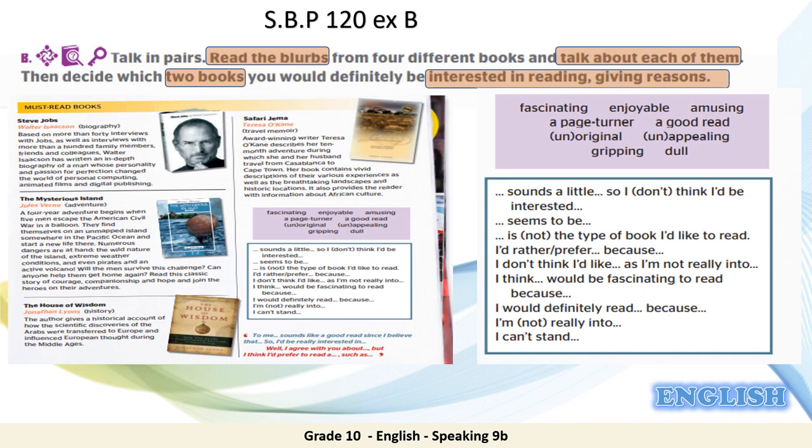If you feel that this book is not a good one or you're not interested in reading the book, you can say it's unoriginal. Unappealing or appealing, grabbing, which means so interesting or exciting that it holds your attention completely. Then we have dull, which means a negative opinion about the book.